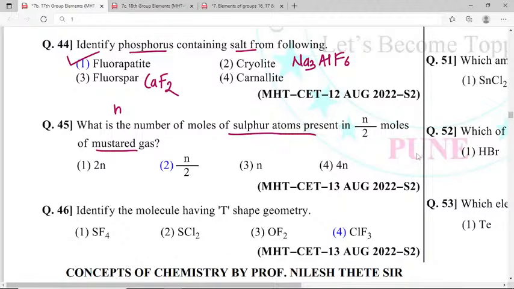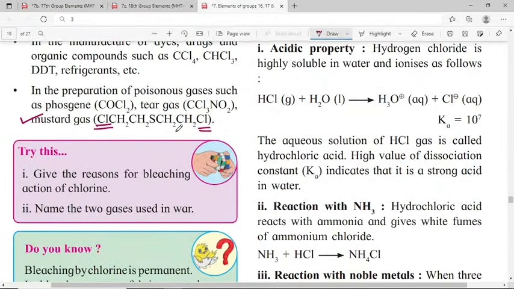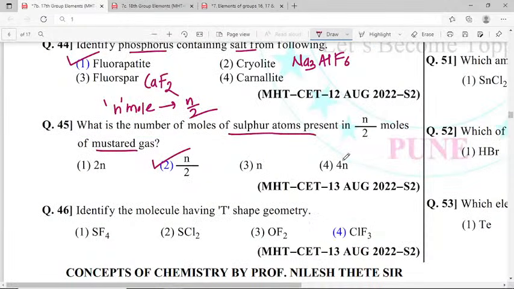Sulfur contains only 1. So N mole of chlorine atoms contain how much? N/2 mole of mustard gas. Sulfur is present in N/2 mole. Sulfur how much? 1 sulfur. If 1 mole, then 1 mole. If N/2 mole, then N/2 mole. Okay.